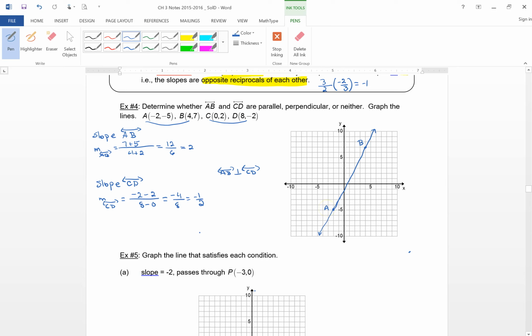So A and B. And now I have C and D. C is at 0, 2. And D is at 8 and -2. Doesn't matter which one you call C and D. Yes, because it's defined for you.